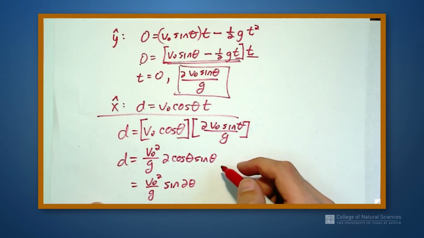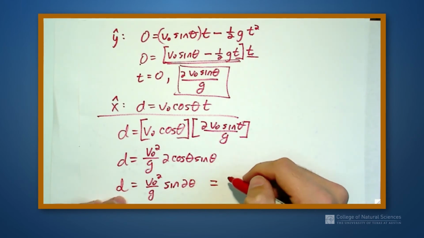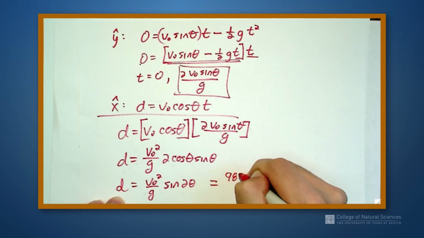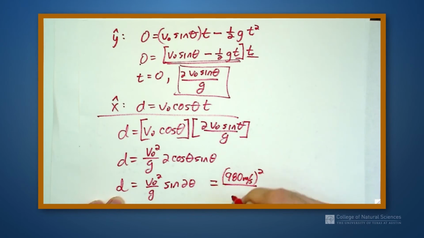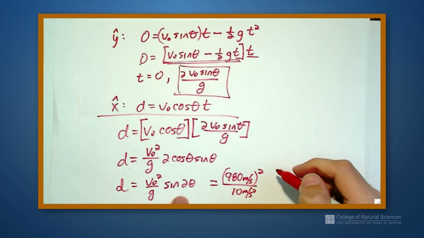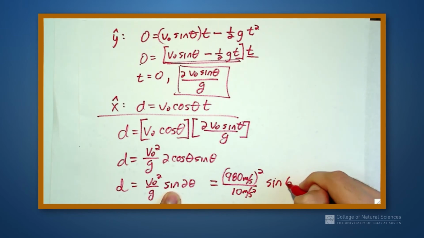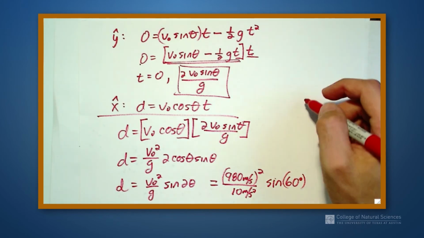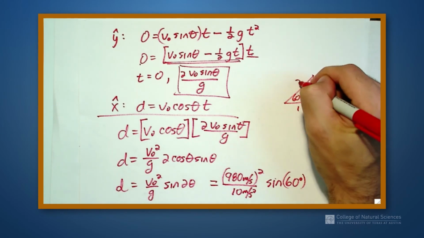So at the end, I go through and I'm going to plug in my values. I have v naught was 980 meters per second squared. G was a value of approximately 10 meters per second squared. And my sine of 2 theta, that's the sine of 60 degrees. You got to remember, if I have 60 degrees here, I know that there's 1, 2, and square root of 3.